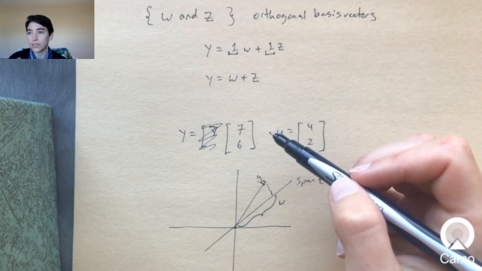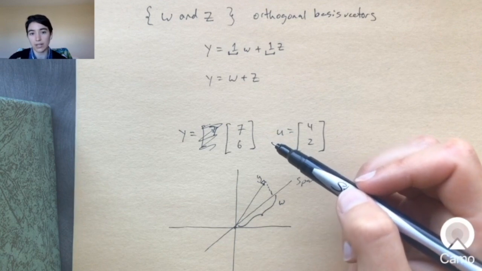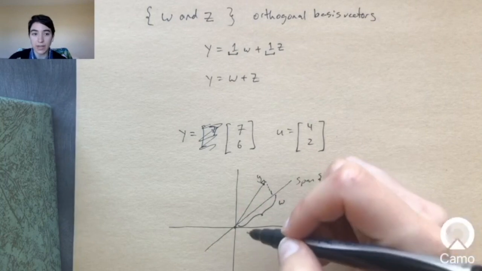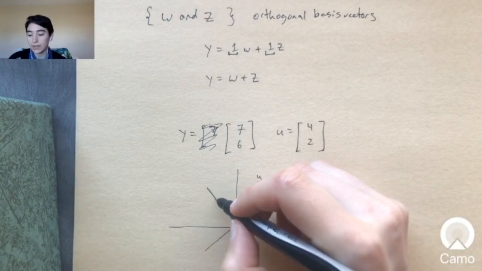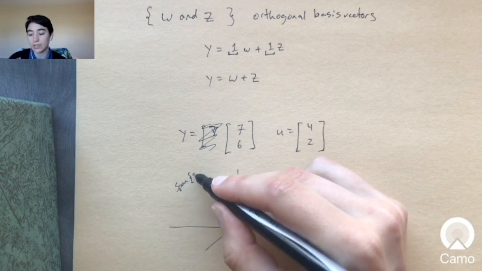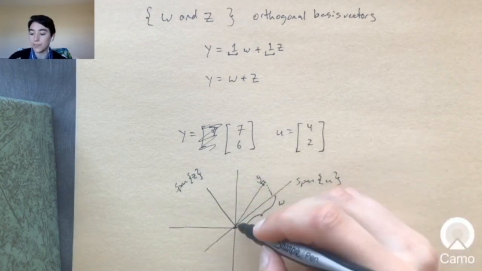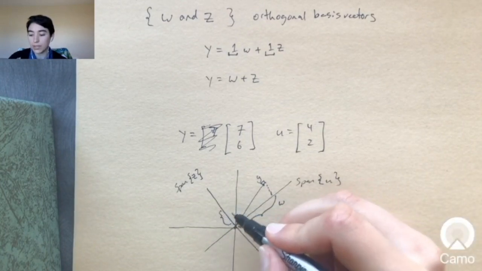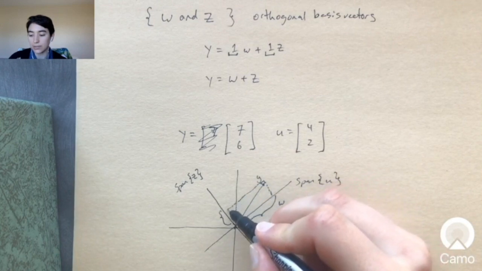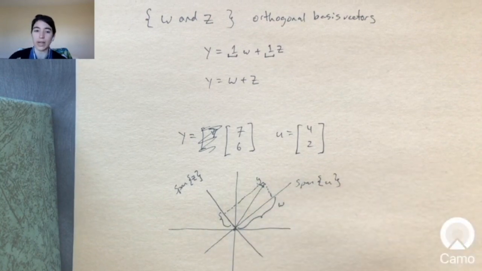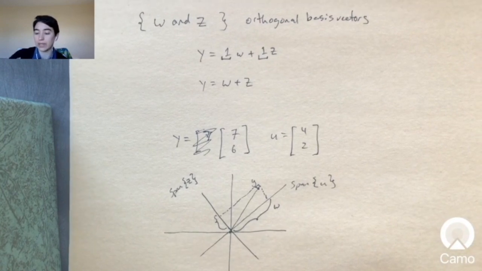And all this is another way of saying there's some linear combination out there of u and some other basis vector, which in this case we're going to say is the span of z right here. And between this component of the shadow onto the span of z and the shadow onto the span of u, these two components together will build y. Okay, so let me repeat that. Let me write it down.